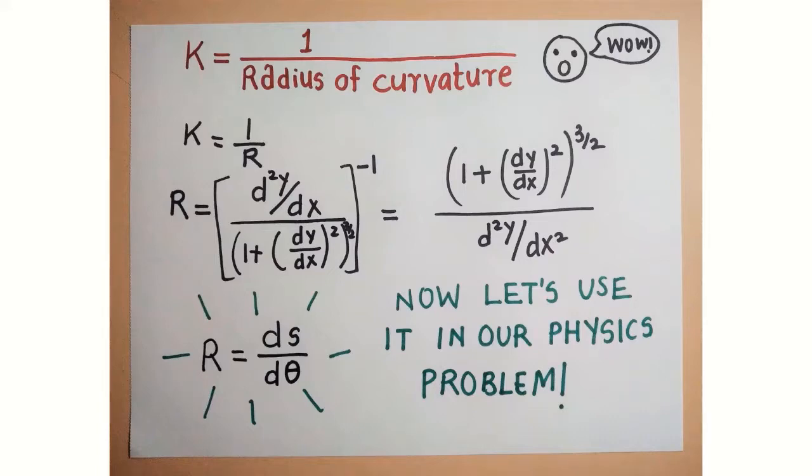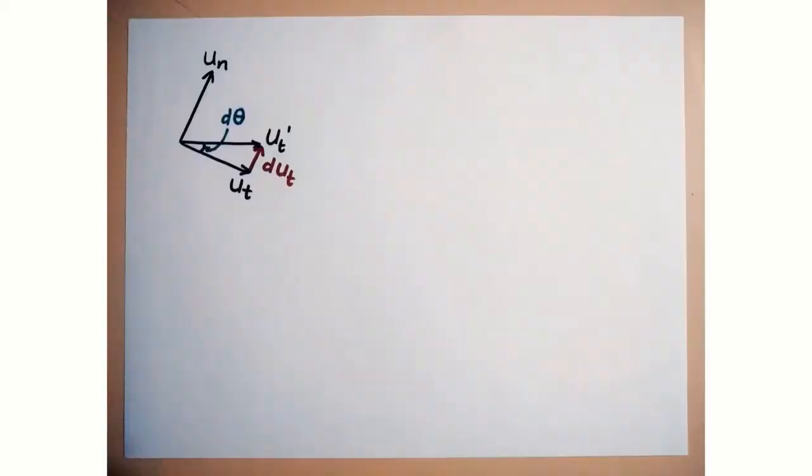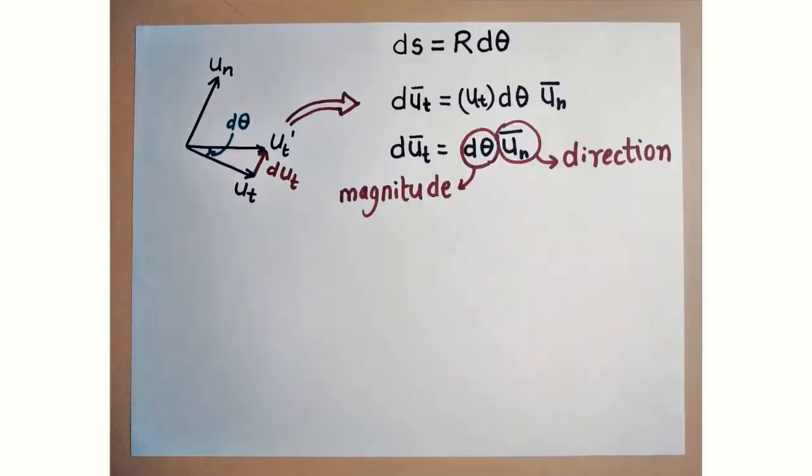Now let's see how this helps us in simplifying our physics problem. So here we are again with our geometrical representation, after gaining a ton of mathematical knowledge to solve this physics problem. Now we know that ds is equal to r d theta and dut is equal to ut times d theta.